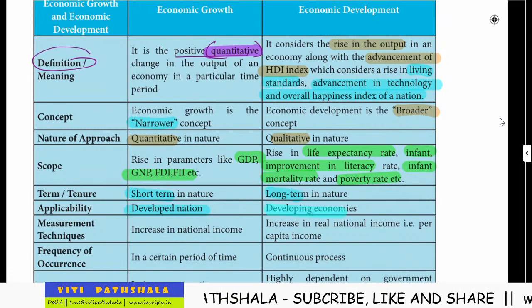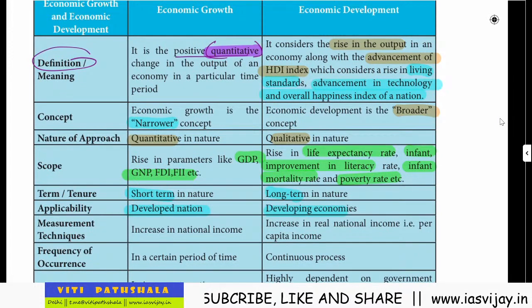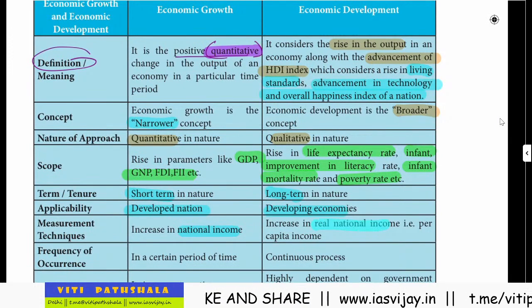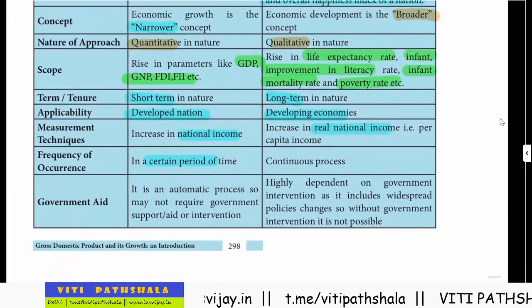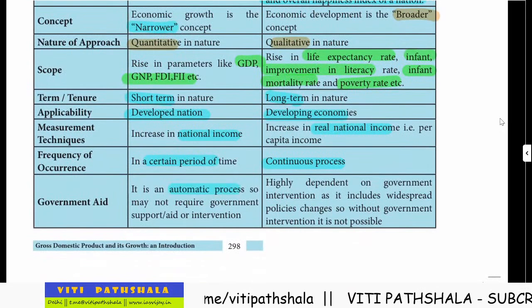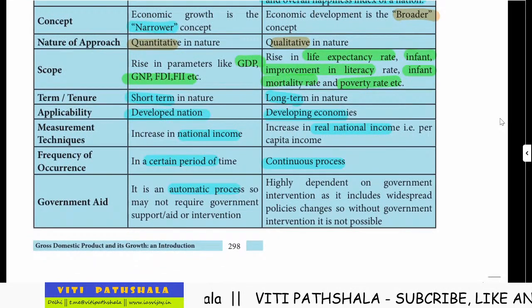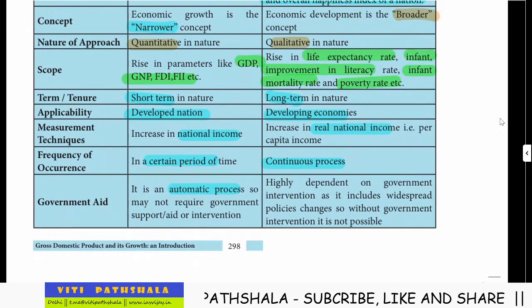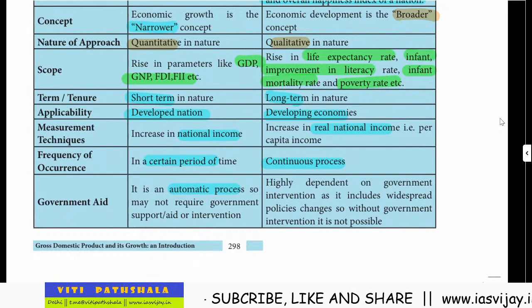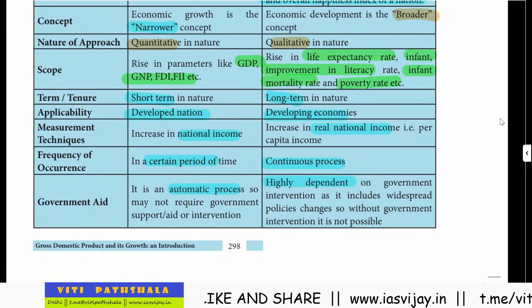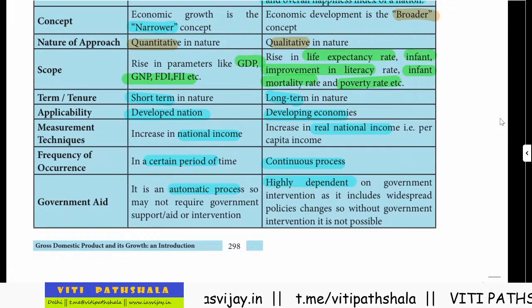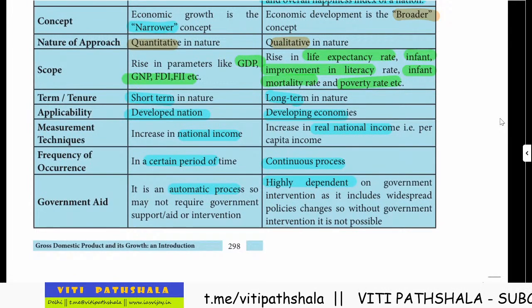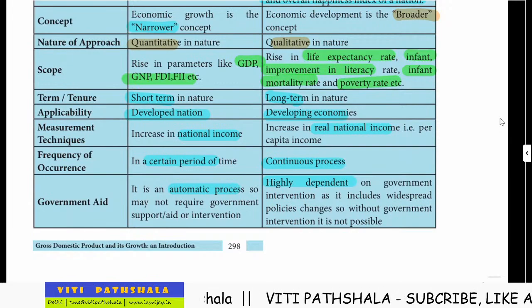Developed nations, developing economies: an increase in the real national income in a certain period of time, and continuous progress. It is automatic progress, so it may not require the support or aid of intervention. The other is highly dependent on government intervention as it includes widespread policy changes. So without government intervention, it is not possible.